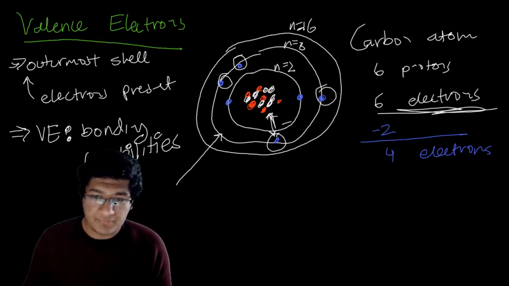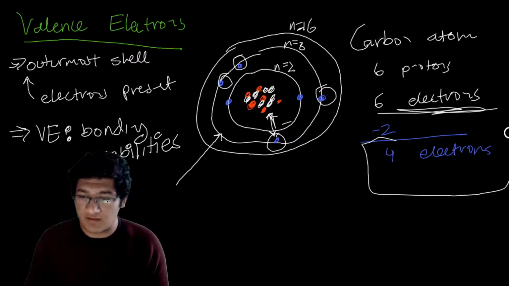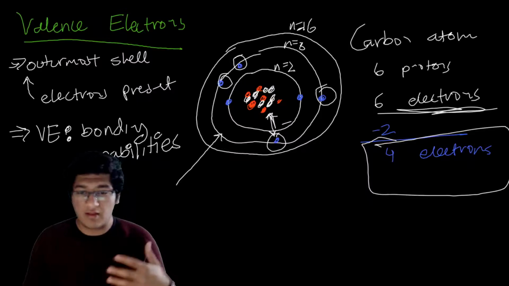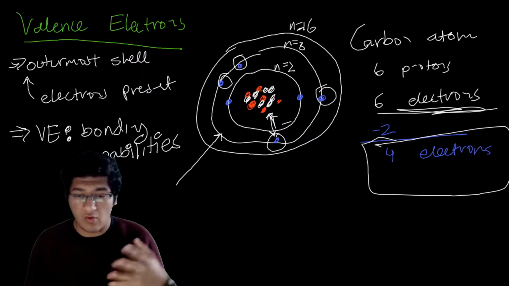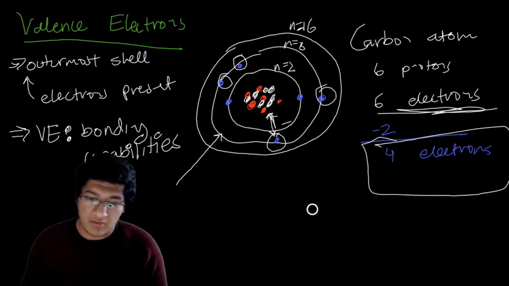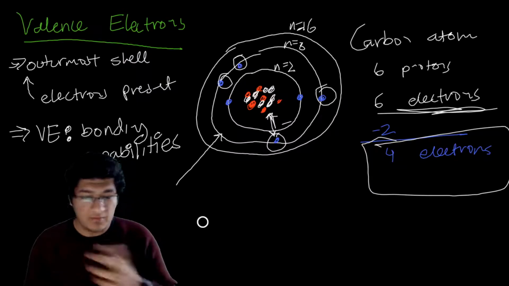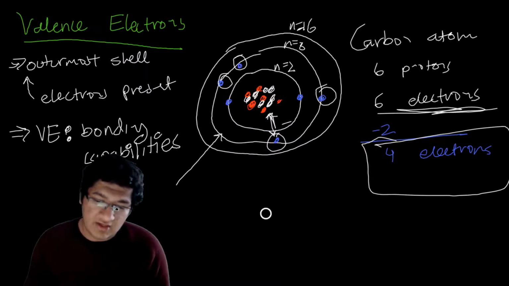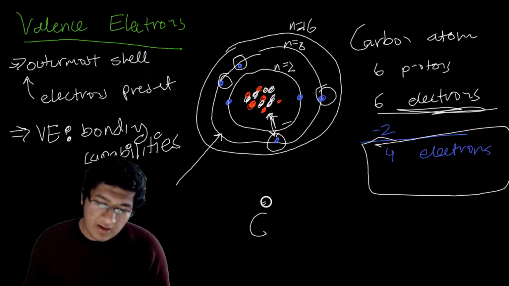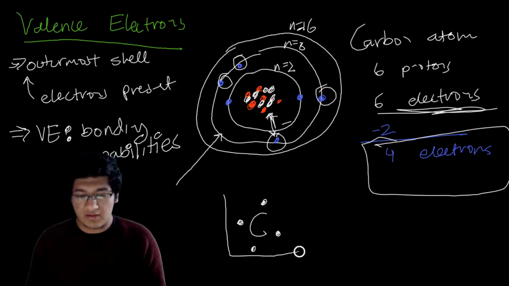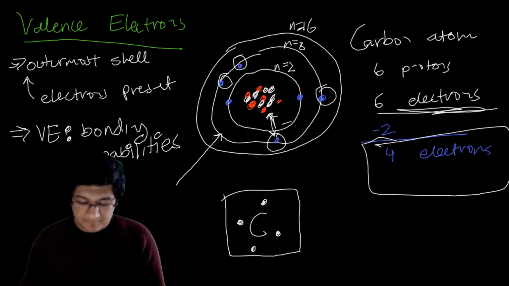So in this case, carbon has 4 valence electrons, meaning 4 electrons it could either donate or share. And we would draw its Lewis dot diagram, which is a way to signify how many electrons carbon has. And this would be the Lewis dot diagram.